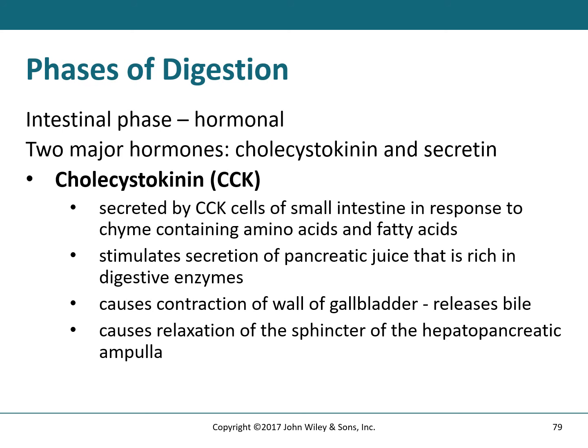It also causes the contraction of the gallbladder, which is going to release bile into the hepatopancreatic ampulla and ultimately into the duodenum. And finally, it causes relaxation of the sphincter of the hepatopancreatic ampulla, which allows for that pancreatic juice and the bile to be dumped into the duodenum.